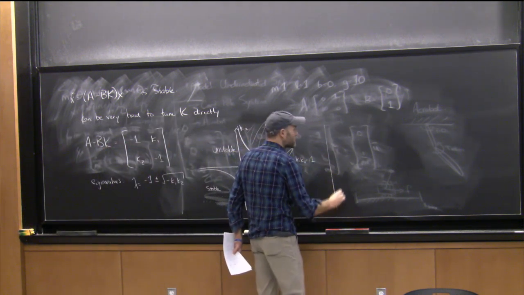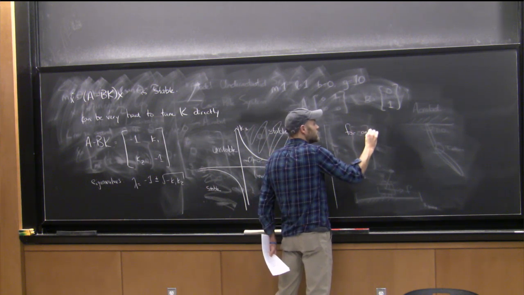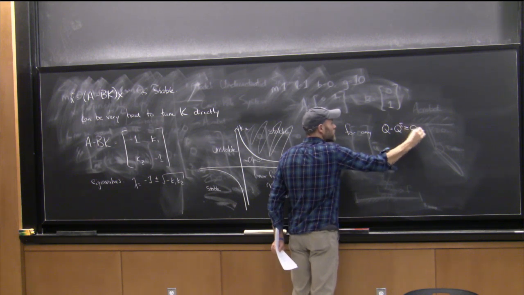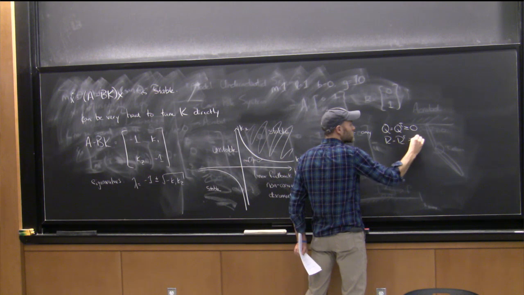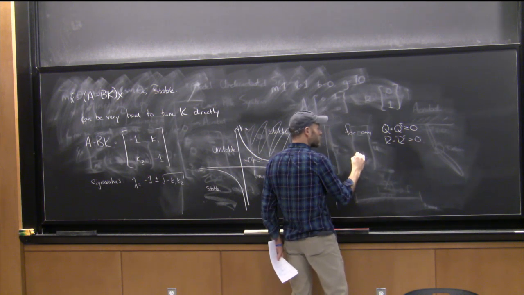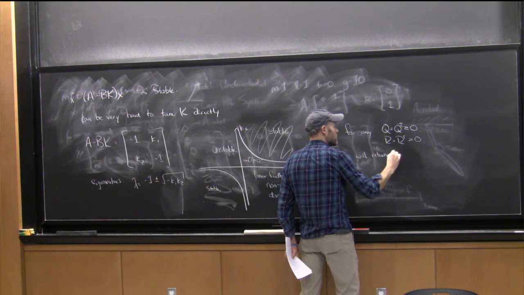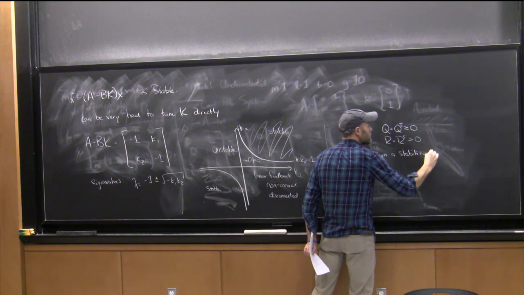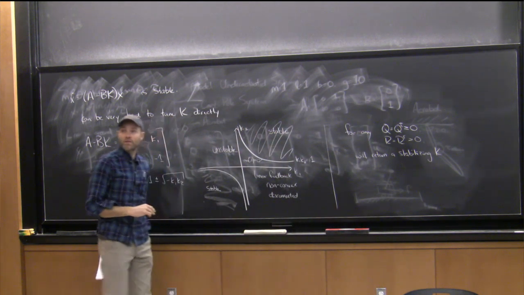LQR is this magic thing that says, if you give me, for any Q greater than 0, R greater than 0, it will return a stabilizing K. And the best K, up to your preference, right?